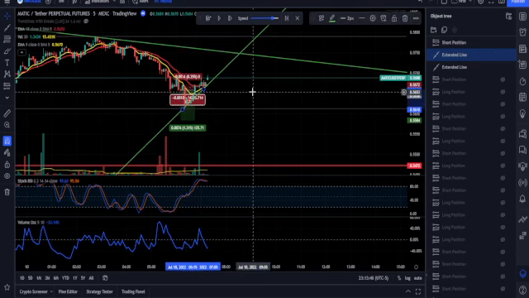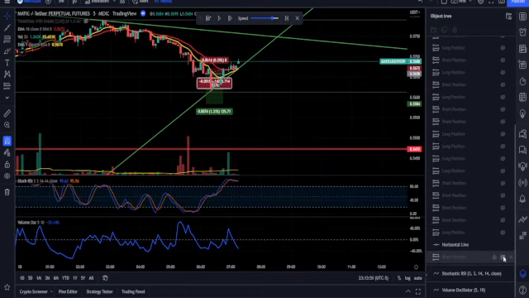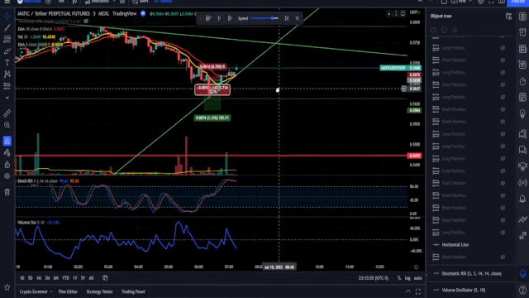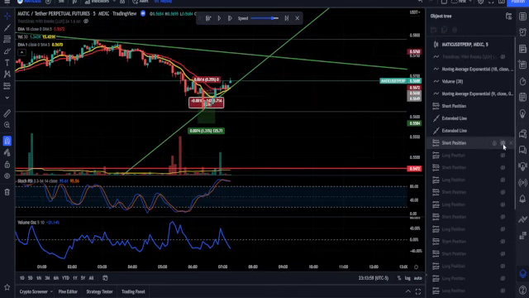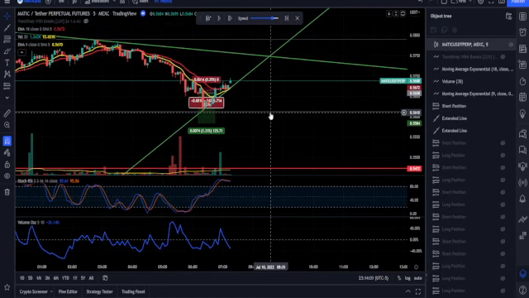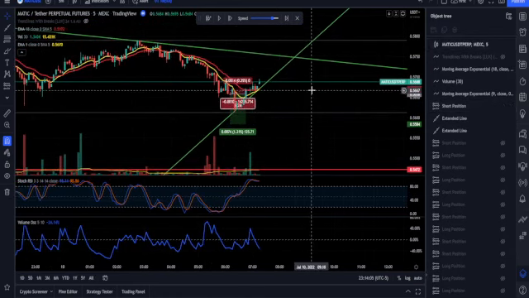I can draw it right here. And let's see, is this where? No, it's on further still. Okay, so now we've got a new trend going.